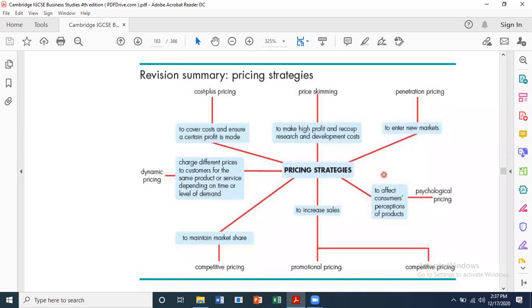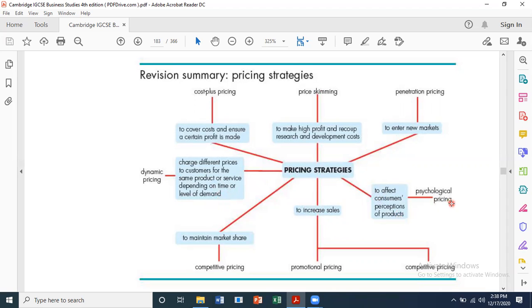Now, pricing strategies. Cost plus pricing, to cover cost and ensure a certain profit is made. Price skimming, to make higher profit and recoup research and development cost. Penetration pricing, to enter new markets. Dynamic pricing, charging different prices to customers for the same product or service depending on time or level of demand.